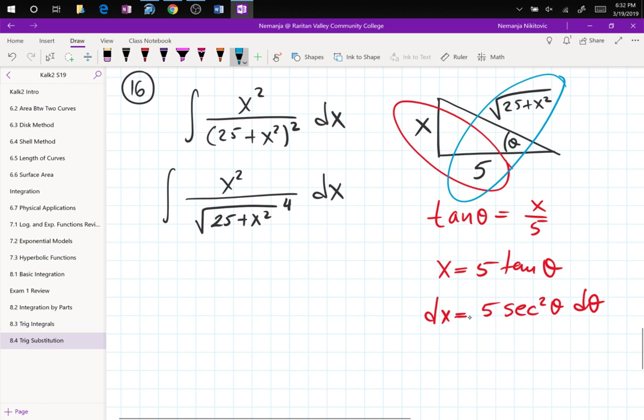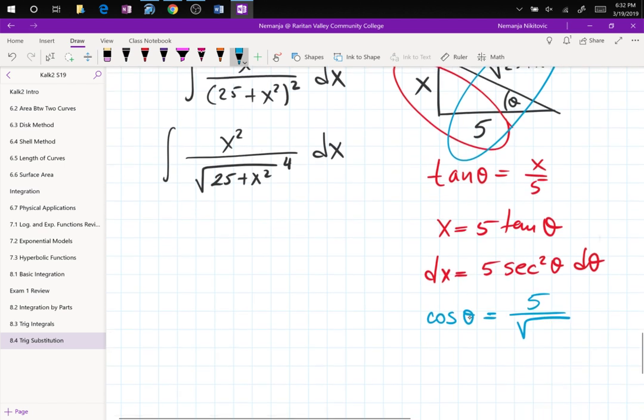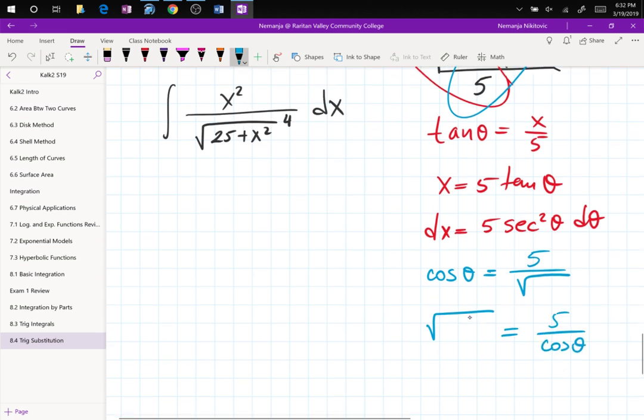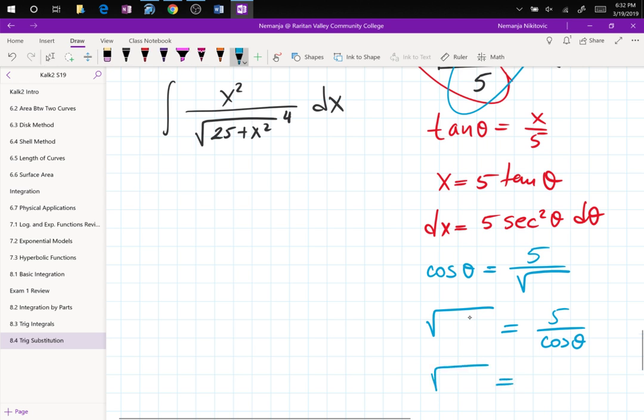So cosine theta is 5 over the square root, so the square root is equal to 5 over cosine theta. And finally, the square root is equal to 5 secant theta. Now the square root is 25 plus x squared.